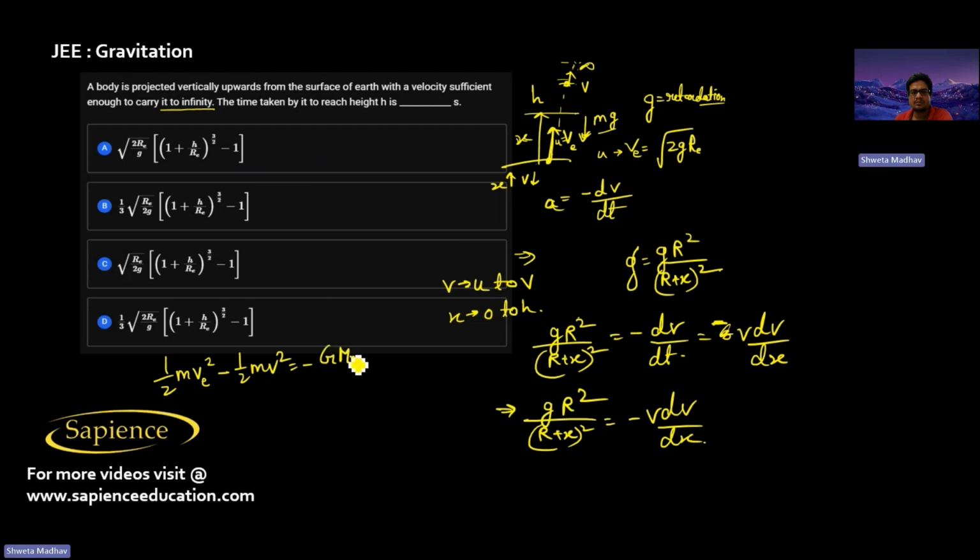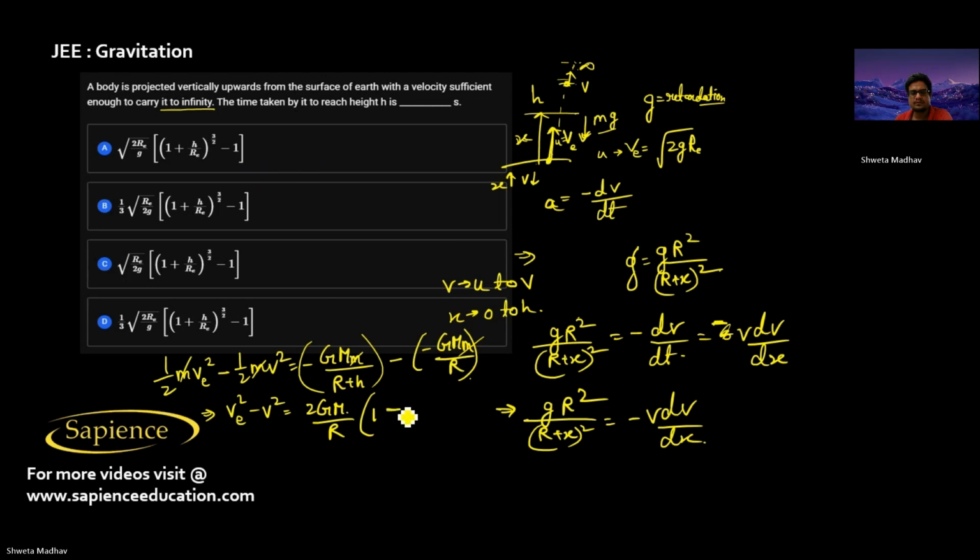Final is minus GMm by R plus h, minus of initial, which is minus GMm by R. So m will get cancelled. So this is v square minus v square, equal to 2GM by R into 1 minus R by R plus h.